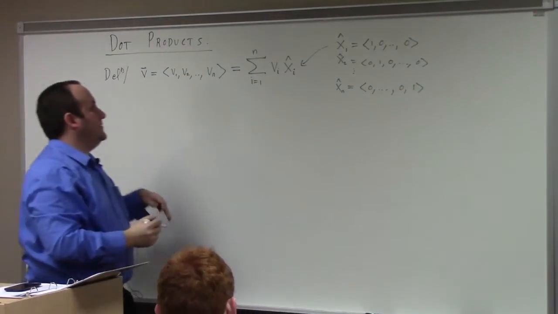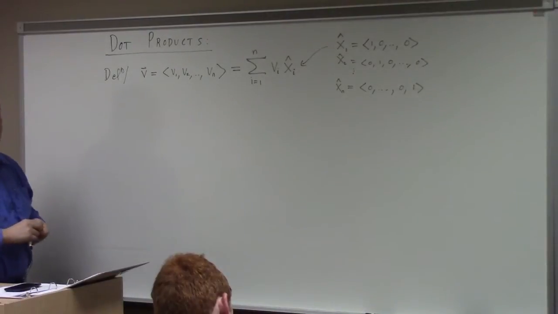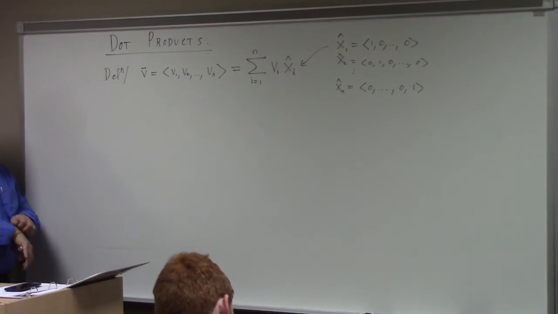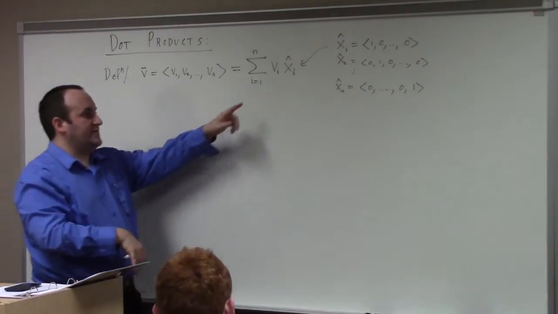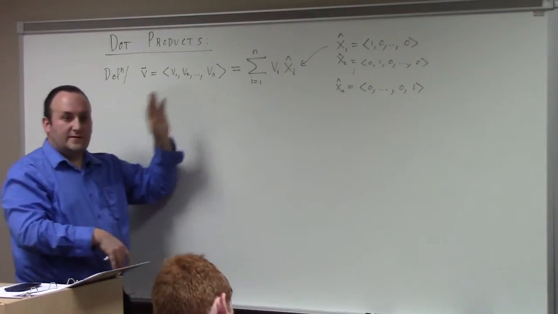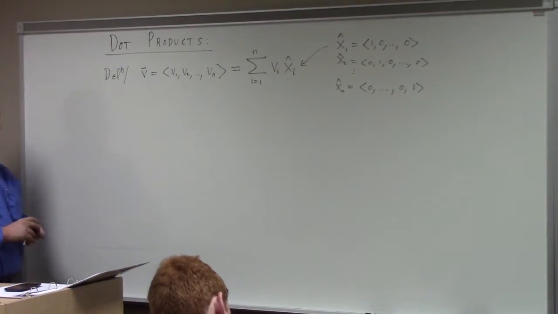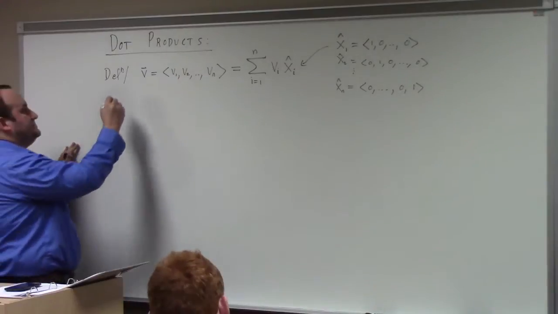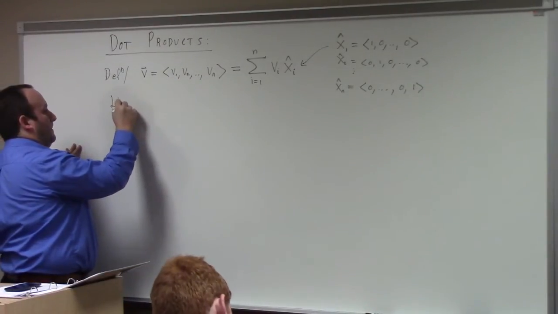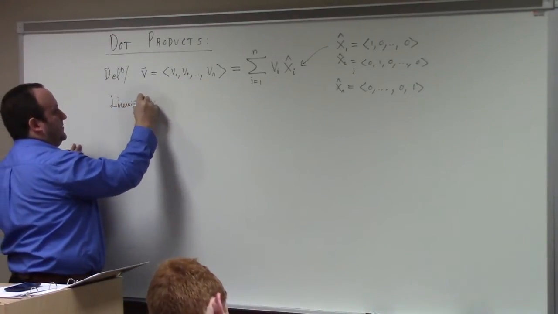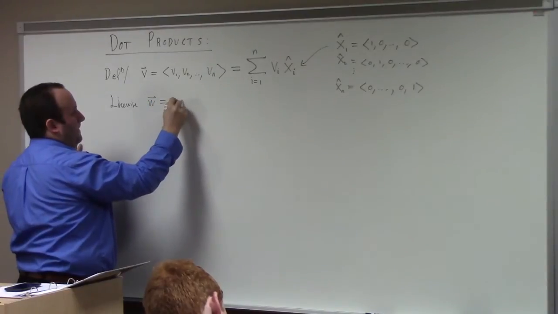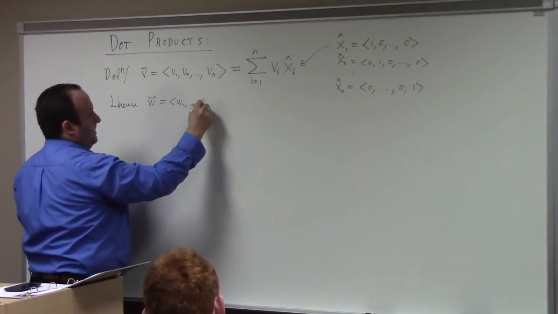So basically, you can build an n-dimensional vector using these things. And then the scalars, the v sub i's, v sub 1, 2, 3, and so forth, these are the scalar components of the vector. Likewise, we have w.